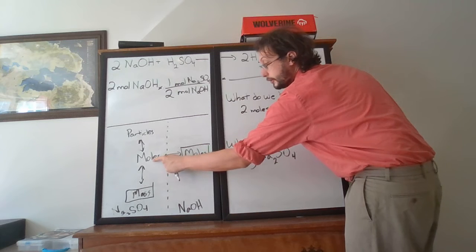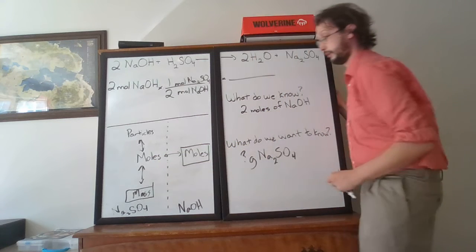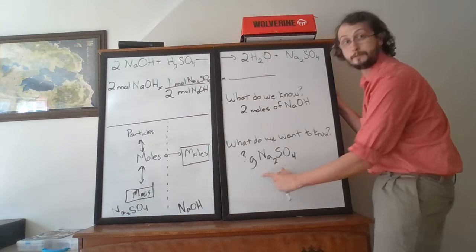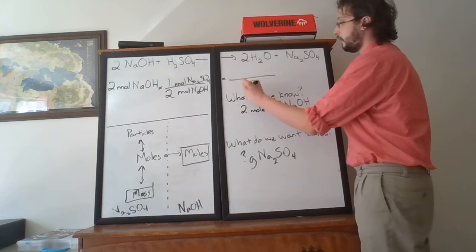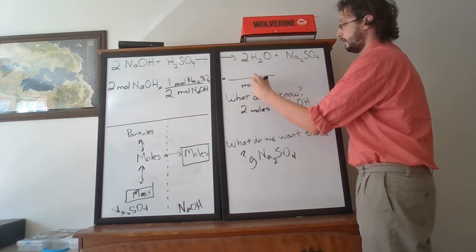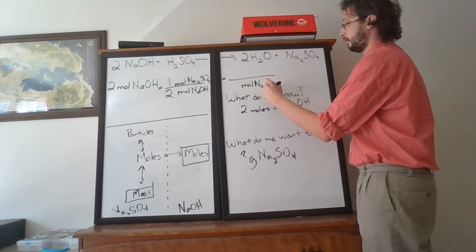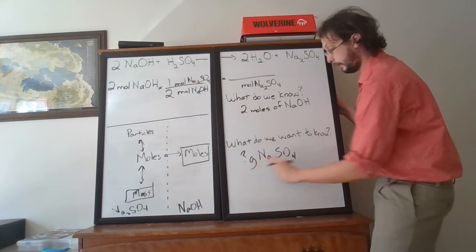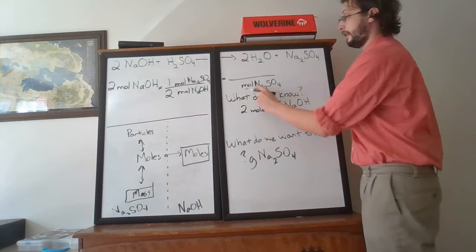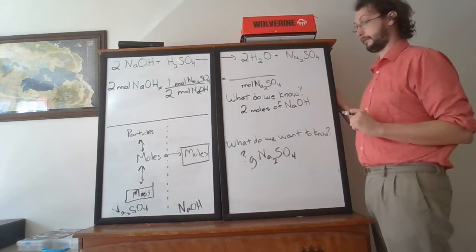Now to go from moles of sodium sulfate down to mass of sodium sulfate, because that's what we're looking for at the end of this, we've got another conversion factor. So we know that moles of sodium sulfate has to go on the bottom, because we don't want moles of sodium sulfate. We want grams of sodium sulfate. So we're going to put that on the bottom and convert away from that to something else.